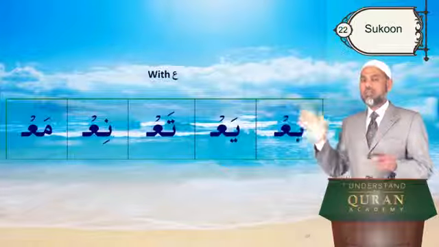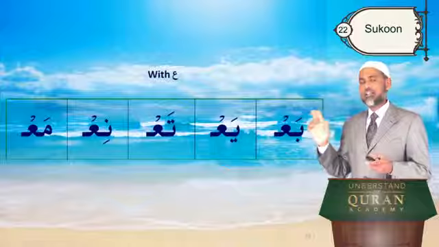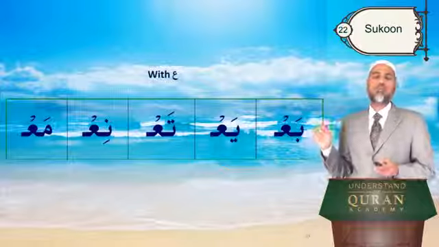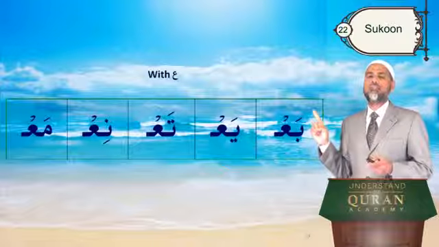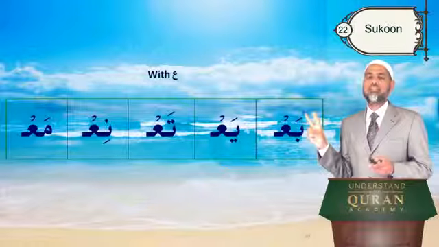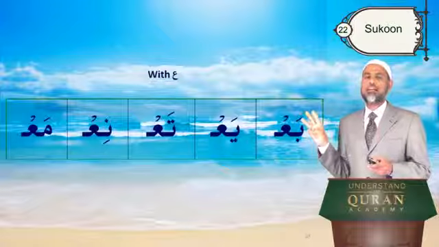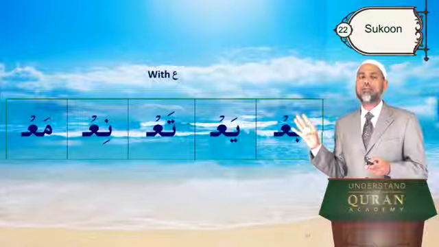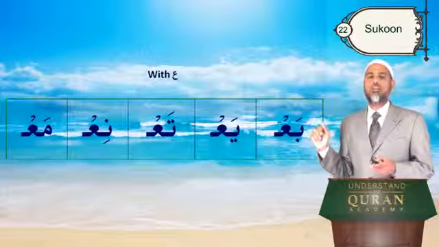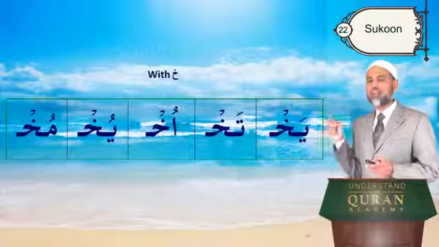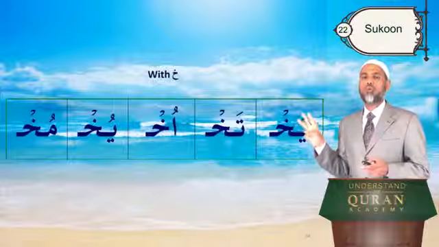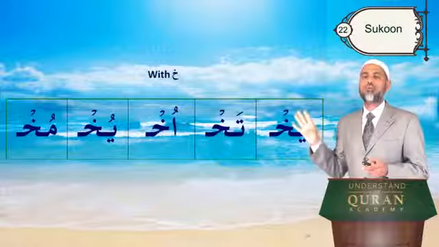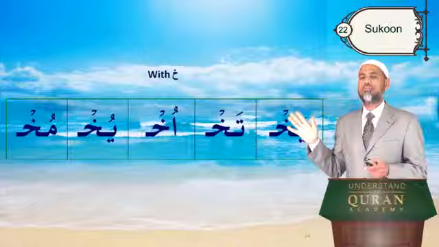With ain, all these cases have the second letters with sukun on them. So ain with sukun on them. Ba, ya, ta, ni', ma. With kha, yakh, takh, ukh, yukh, mukh.